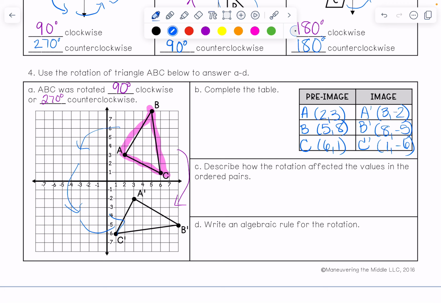So if we look at the values in the ordered pairs and think about how the rotation affected them, here are our X and our Y. A started at 2, 3, and then A prime went to 3, negative 2. And so it's kind of like our X and our Y values switched locations, and then the X value became the opposite. So X and Y switched locations, and the X became the opposite.